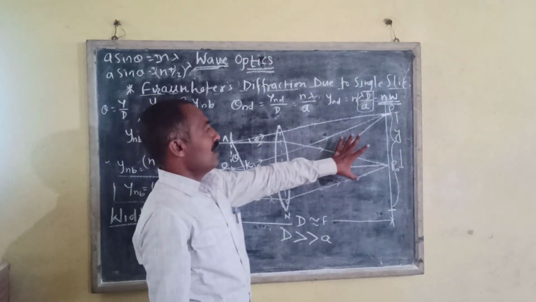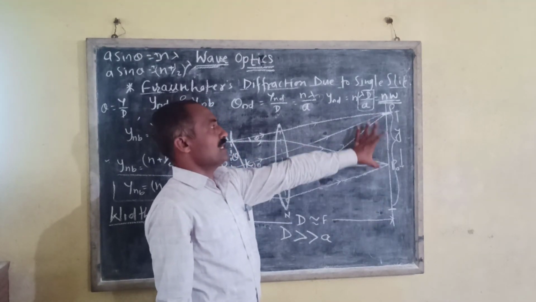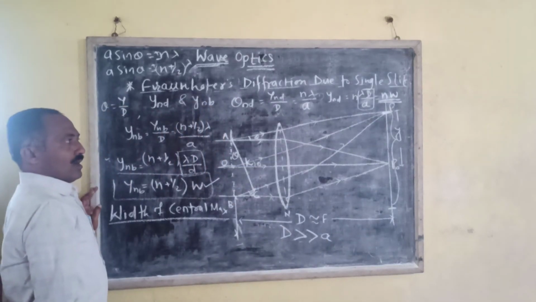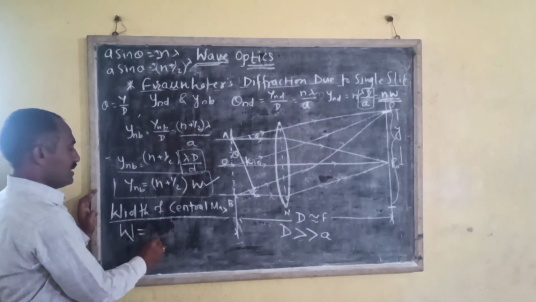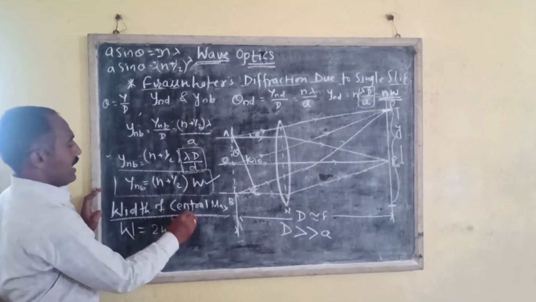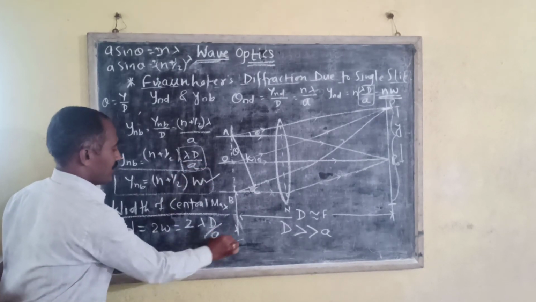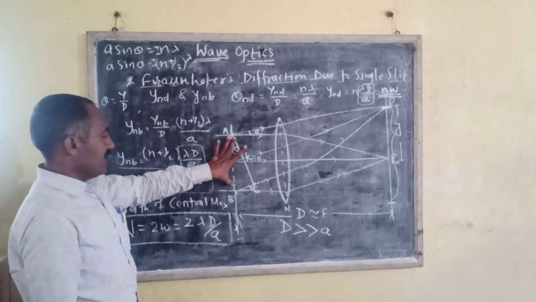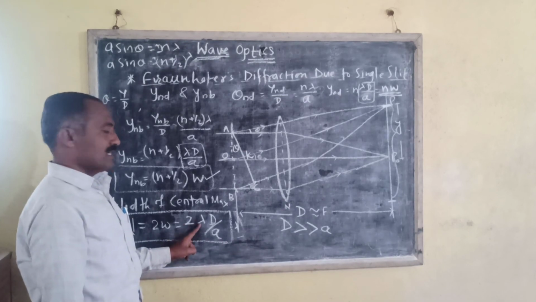Therefore the width of the central maxima will be equal to 2 times the fringe width, so the width of central maxima, capital W, is equal to 2 times w, equal to 2 lambda capital D upon a, where a is the slit width, capital D is the distance between slit and screen, and lambda is the wavelength of the wave.